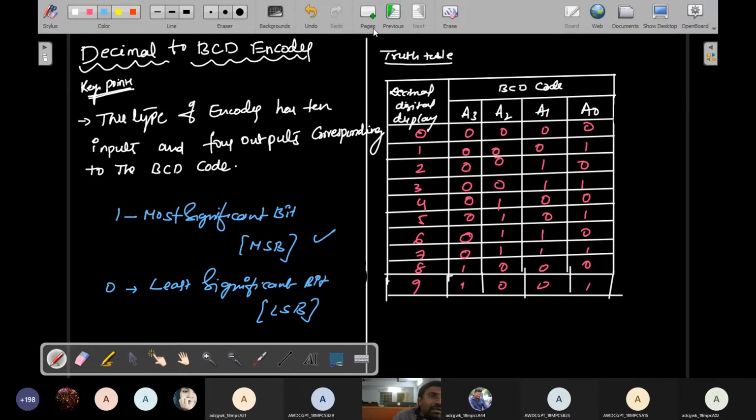So simply I write the key points from the truth table.